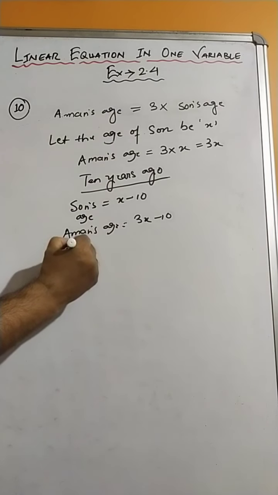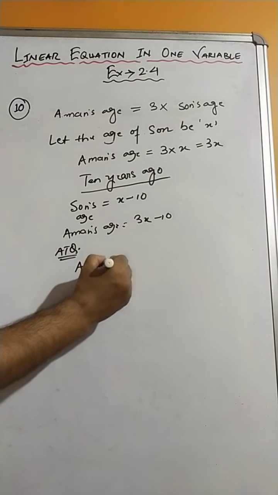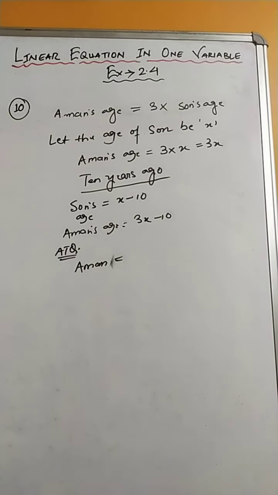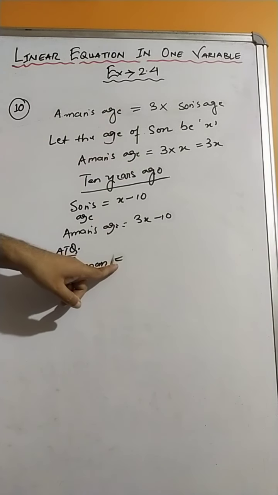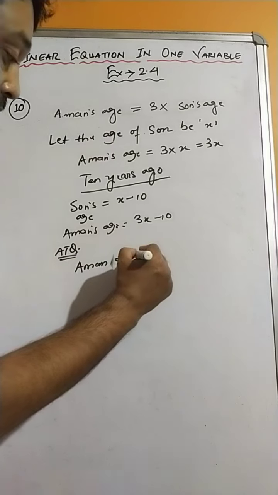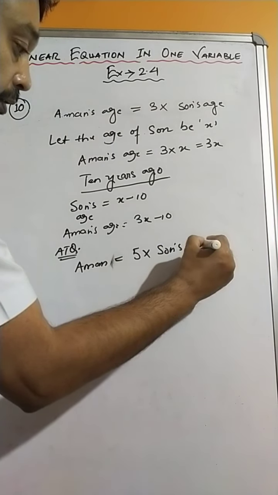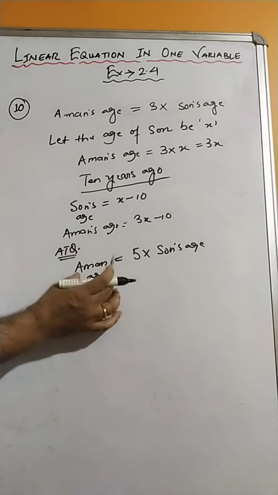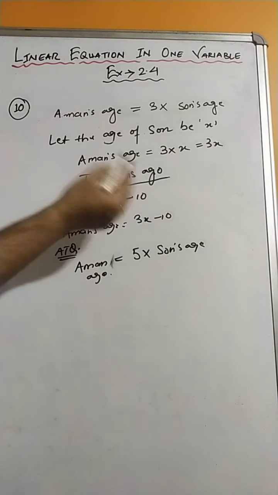Now according to the question, we will write the final equation. Aman was, means equals to. So 10 years ago, Aman was 5 times his son's age. Now this Aman's age, okay. Now this age, this is the age we are talking about, that is 10 years ago.